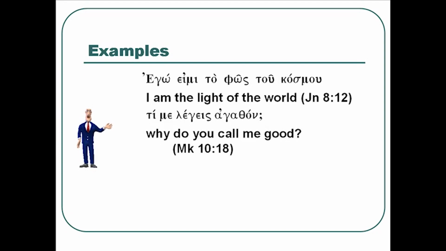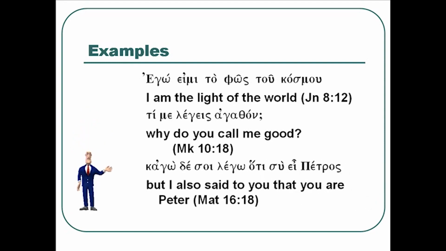You see how the me is fronted in front of the verb even though it's the object. The third example is kago de soi lego hoti su ei Petros. But I also said to you that you are Peter.